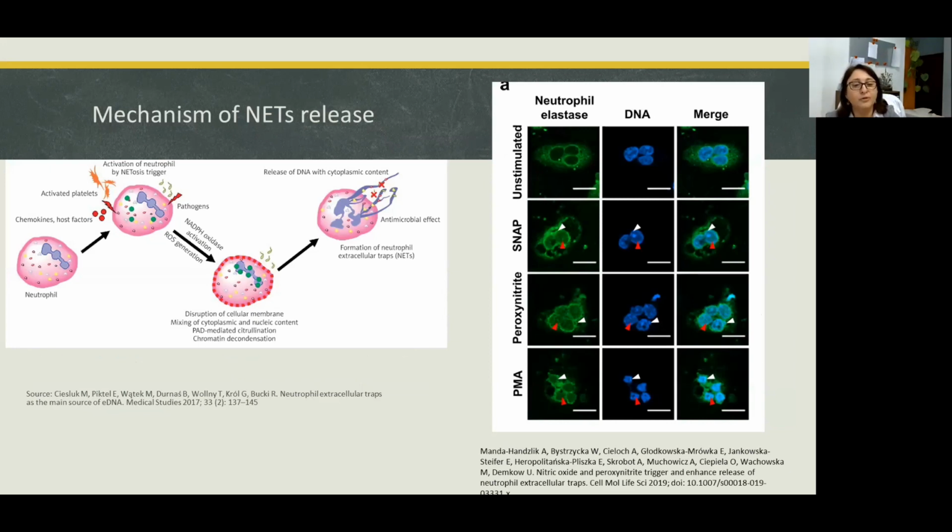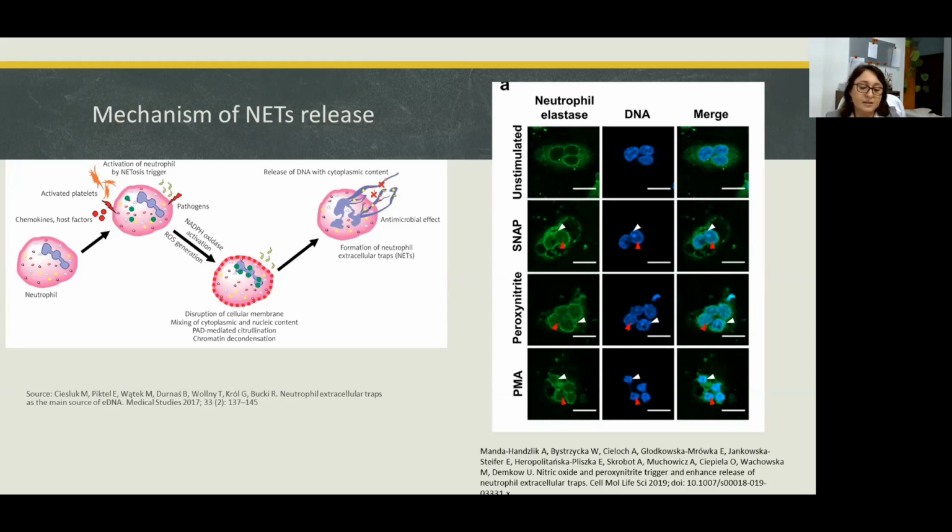There are over 300 compounds that trigger cells to release nets. In addition to microorganisms, nets are triggered by other various stimuli, including pro-inflammatory cytokines like interleukin-8, like tumor necrosis factor alpha, platelets, activated endothelial cells, nitric oxide, monosodium urate crystals, various autoantibodies, and many others.